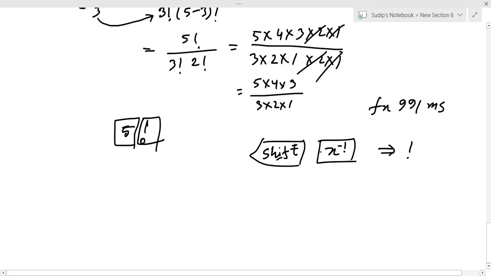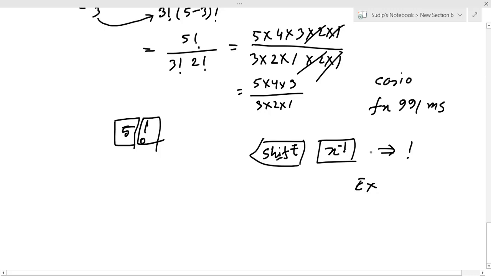And for the Casio EX series, you will get the factorial sign also under shift x inverse.